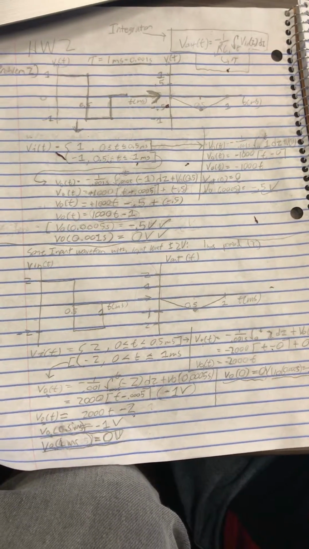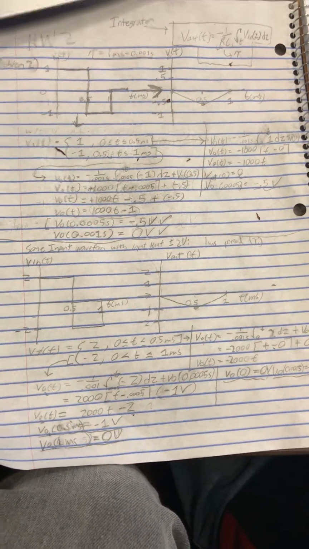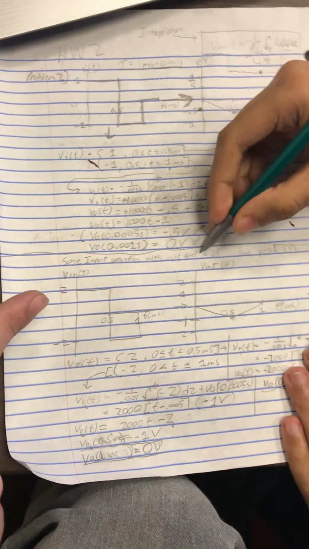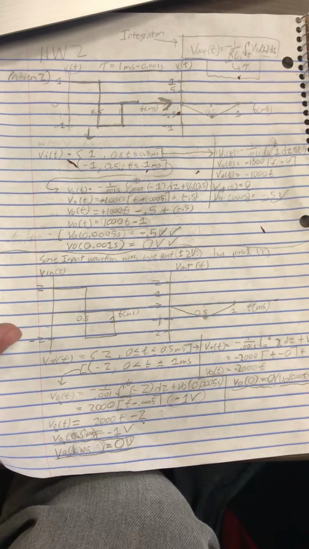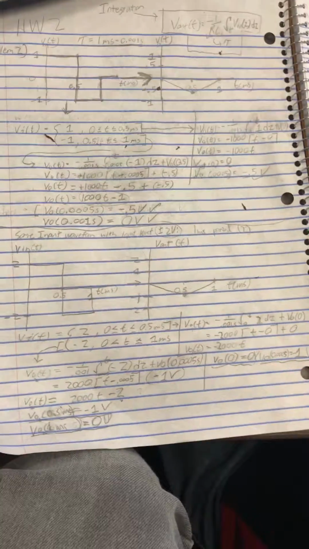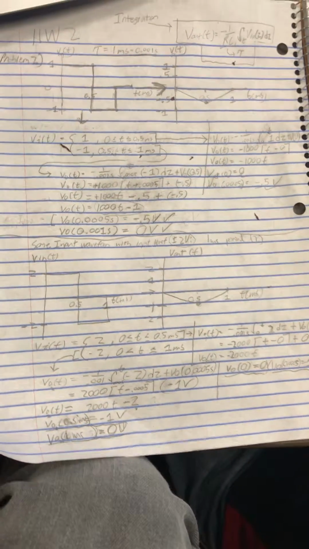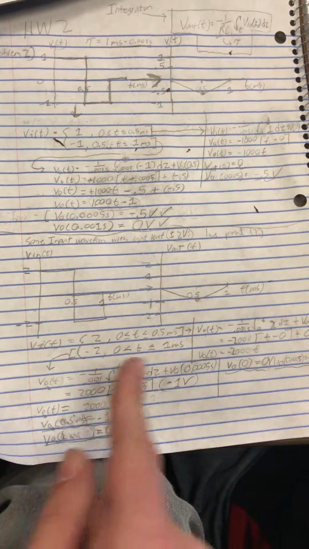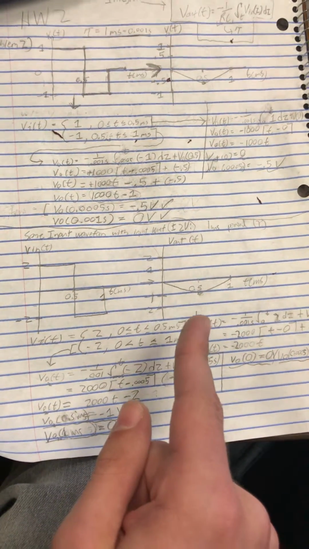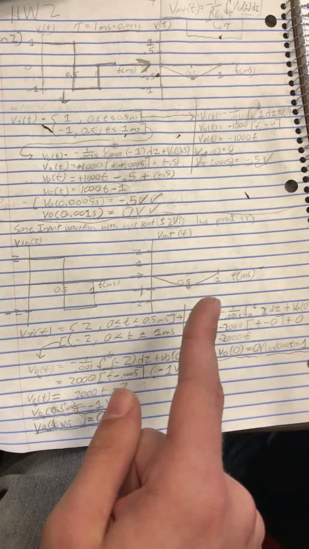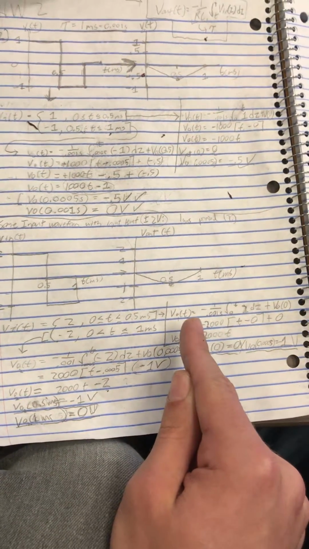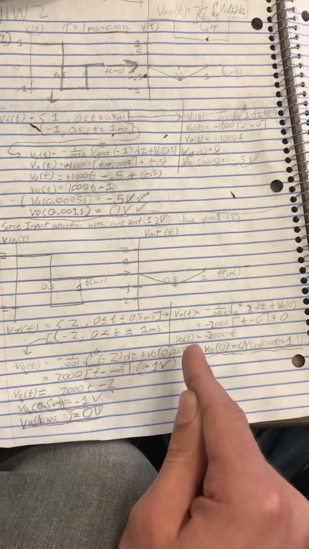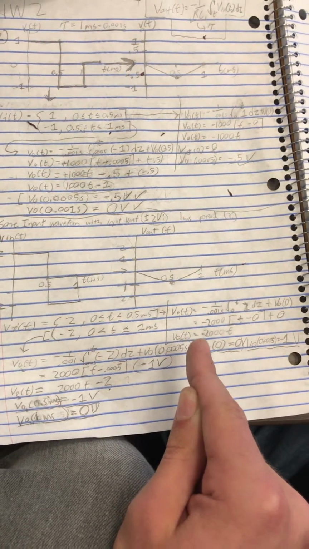Then, for the second part of the problem, it asks us to do the exact same thing. It's just that this time, the input waveform has a peak value of 2 volts and a negative peak value of -2 volts. Doing the exact same procedure, we set up the piecewise defined function with the same intervals from 0 to half a millisecond and from half a millisecond to 1 millisecond. Setting up the first interval here and then simplifying, we get that V output of t is equal to -2000 t.